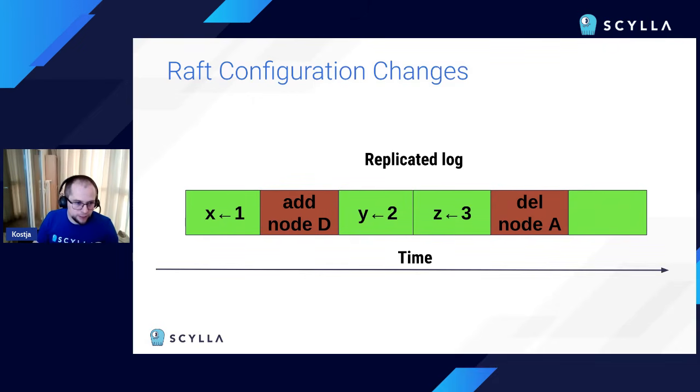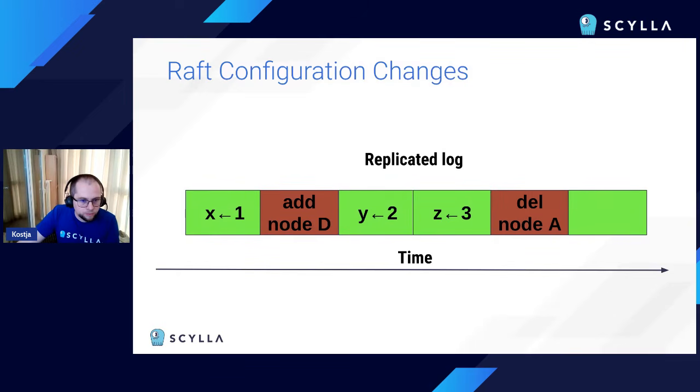This is how every node gets that information, and because it goes through the same log, it's in the same order as all of the other operations in Raft. So you can easily make sure and prove that no record is lost when you remove multiple nodes from the cluster, add multiple nodes, or replace nodes and so on.